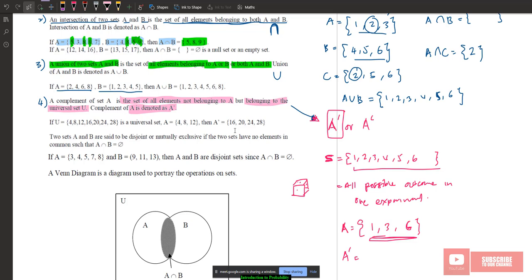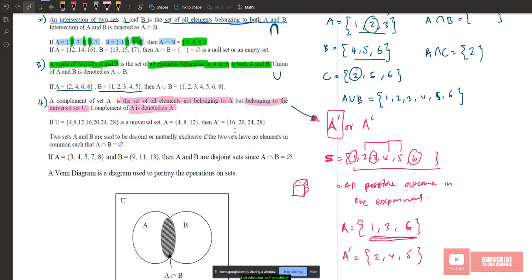A has already taken 1, 3 and 6. The complement, meaning those not in A, is 2, 4 and 5. So this is the complement, 2, 4 and 5.